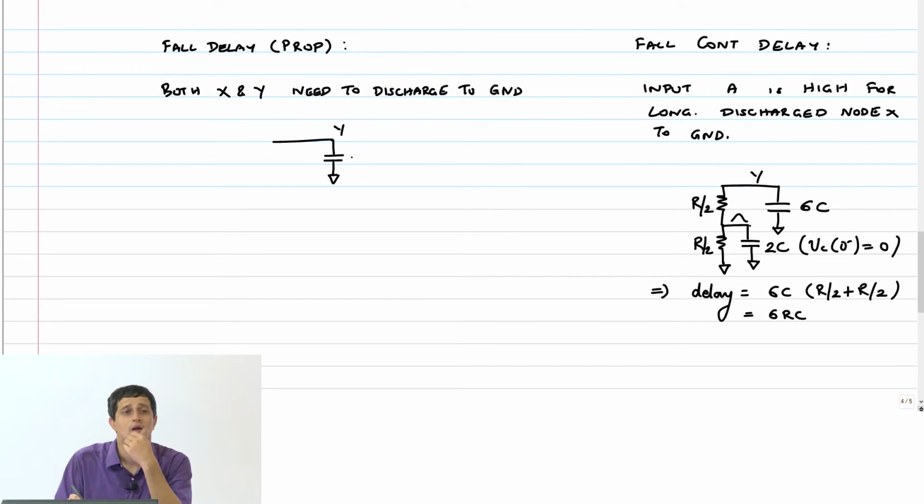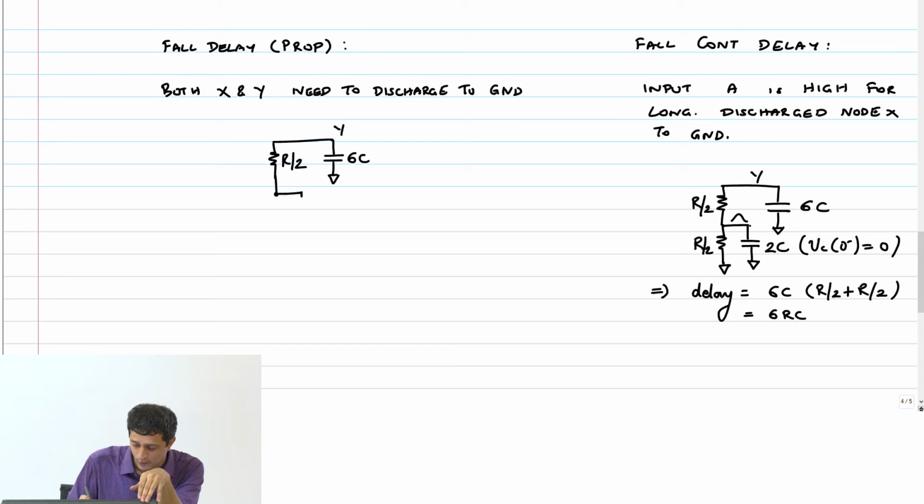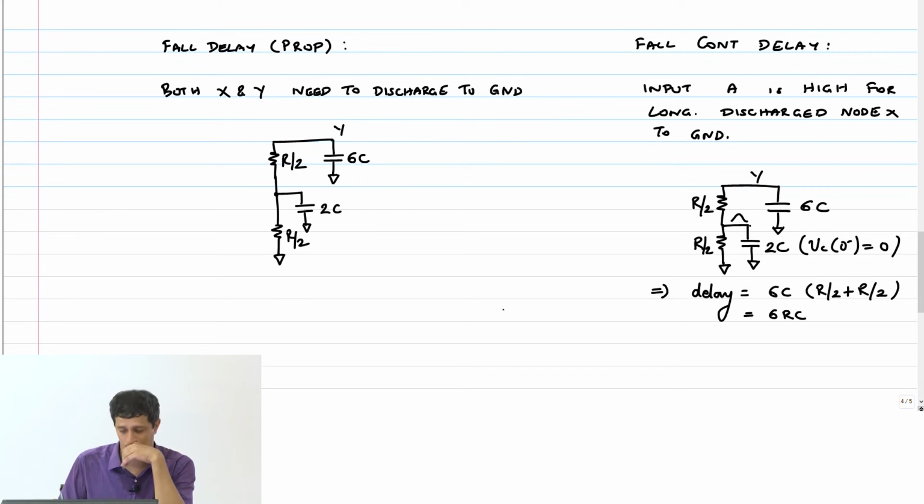So node Y, capacitance is 6C, I have a resistance of R by 2, 2C, R by 2. So what is the delay?